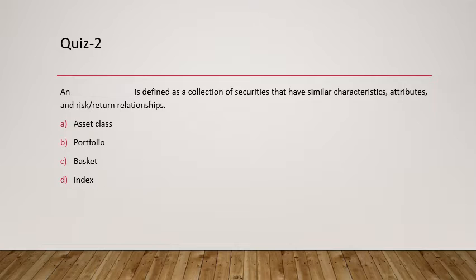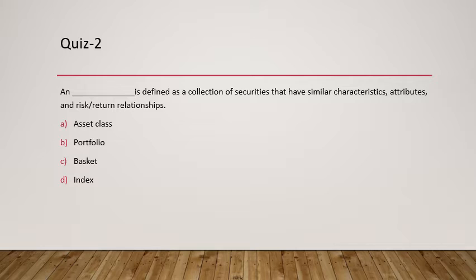Let us move to question 2, which is: an dash dash dash is defined as a collection of securities that have similar characteristics, attributes, and risk return relationship. Needless to say, the answer is asset class because asset class is a collection of securities.